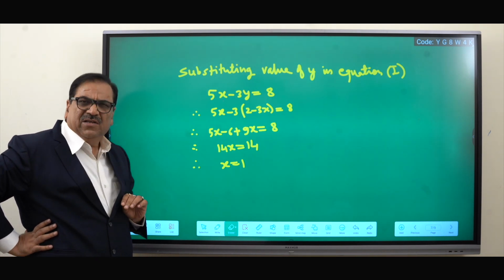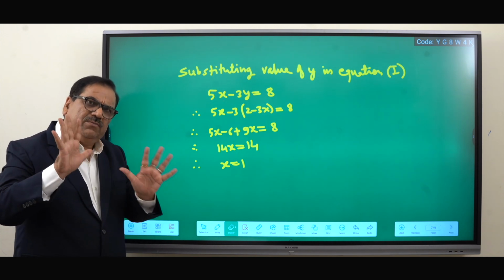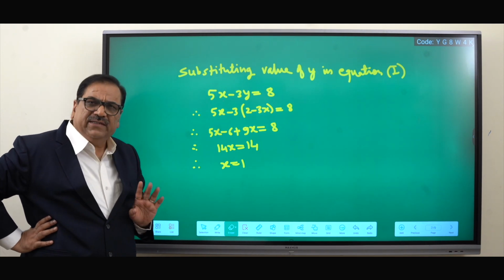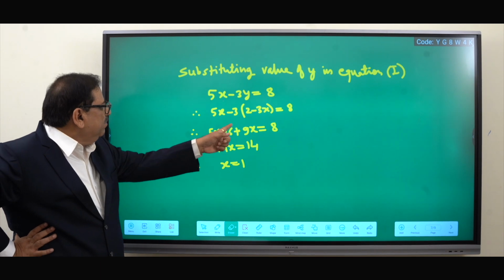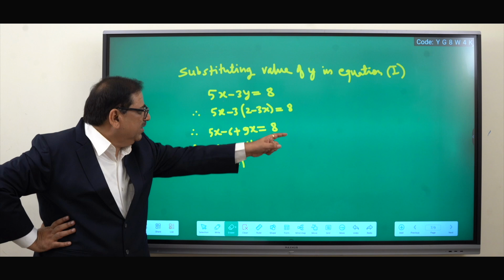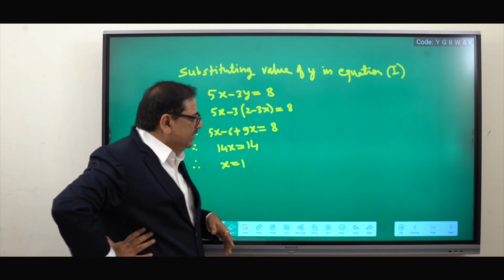Multiplication of two negative numbers is always a positive number. Here minus 3 into minus 3x is plus 9x is equal to 8. 5x plus 9x is equal to 14x, taking 6 to that side, 8 plus 6 is equal to 14, and therefore x is equal to 1.